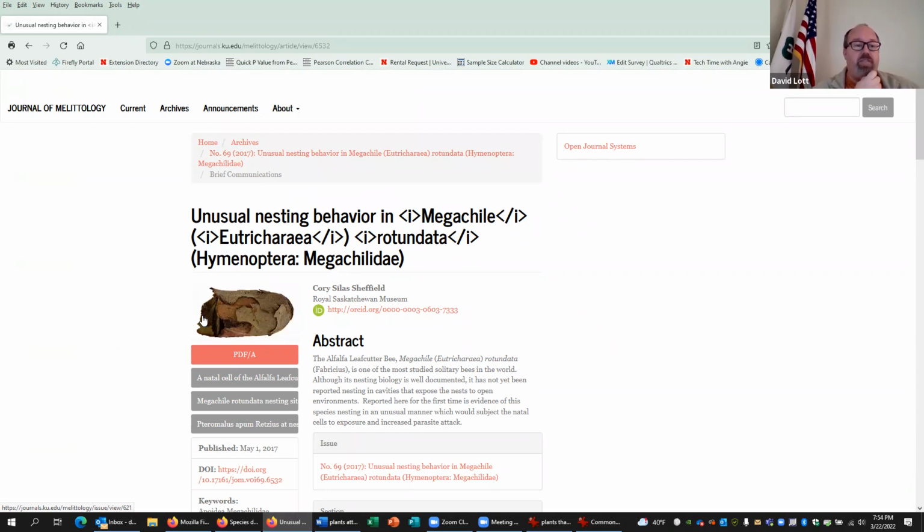So yeah, this is pretty unusual nesting behavior, where you will sometimes see in cells in those bee species, they might kick each other out. That can be a behavior that happens, but unless you really look close, you don't know what's going on. So it's an alfalfa leafcutter bee is what it is.